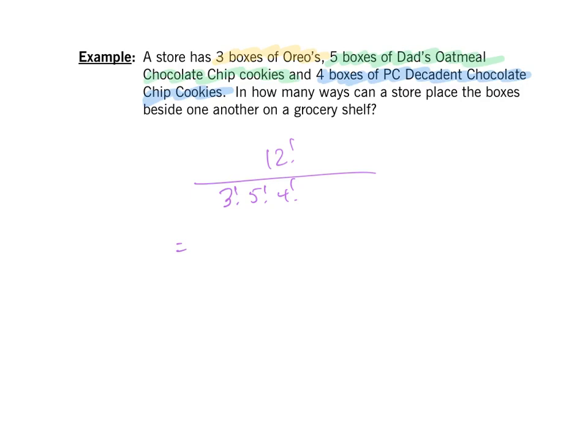And so 12 factorial is a really big number, 479,001,600, all divided by 17,280 will be the denominator.